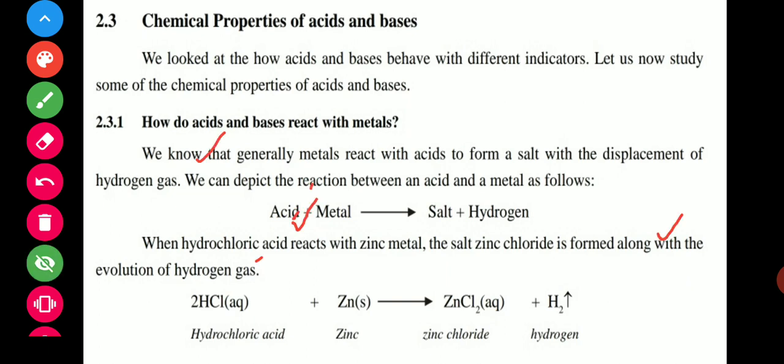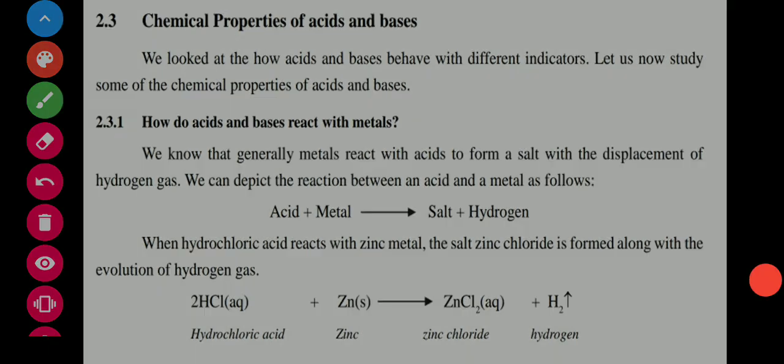Now come to the chemical property of acids and bases. First of all, I want to discuss acids.